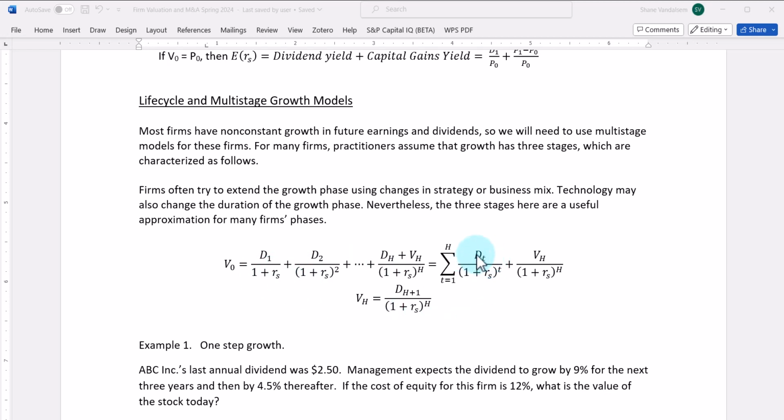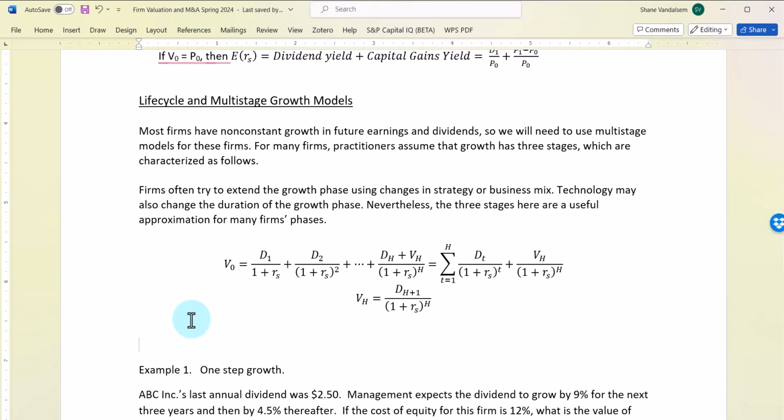And this second portion of the equation says that the value of the stock today is equal to the sum of all of the future dividends from time 1 through time h, and then we're going to find the value at time h. The value at time h is the horizon value, and the horizon value occurs where the constant growth begins for the company.